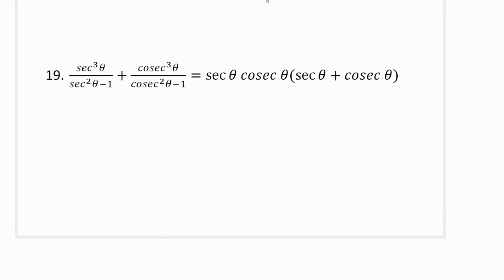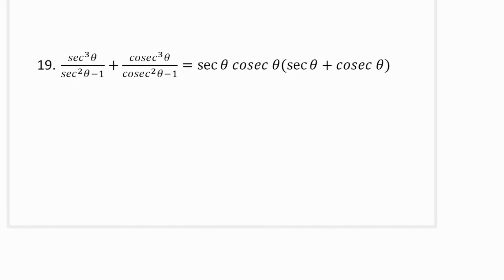In this question, he has given us sin cube theta and cos cube theta. Here we will simply use identities.